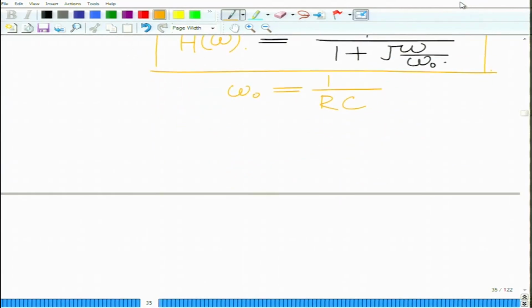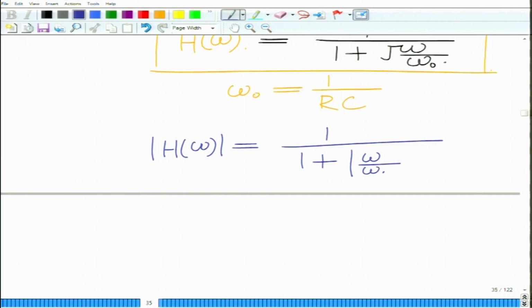Okay. And now let us look at the magnitude response of this. The magnitude of this is 1 over the square root of (1 plus omega over omega naught, squared).